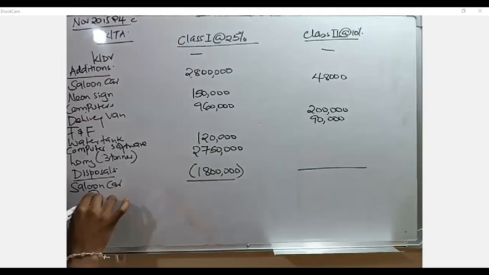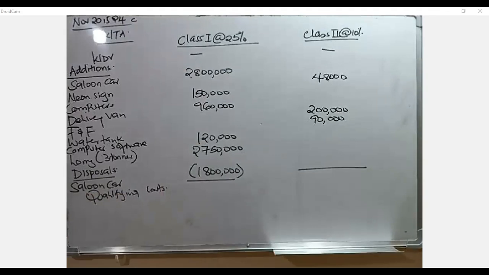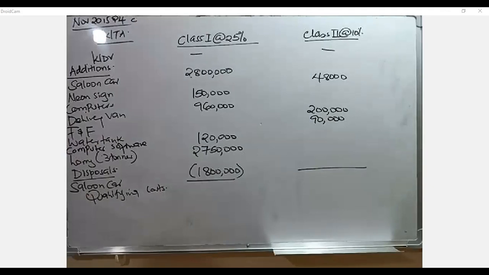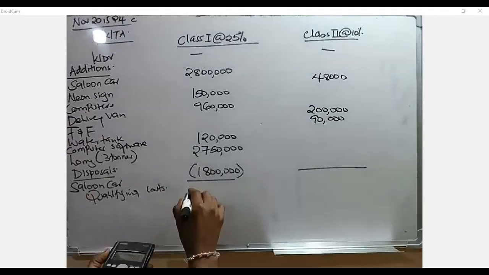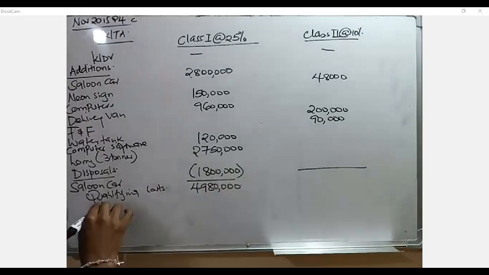We are supposed to be getting qualifying costs. Let me calculate the additions for class 1 first. So 2.8 million plus 150,000 plus 960 plus 120 plus 2,750, minus 1.8 million. I'm getting 4,980,000.